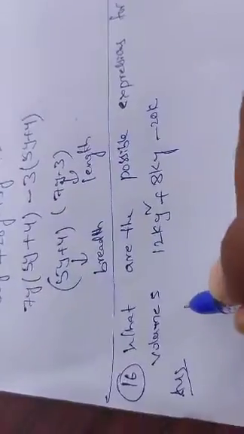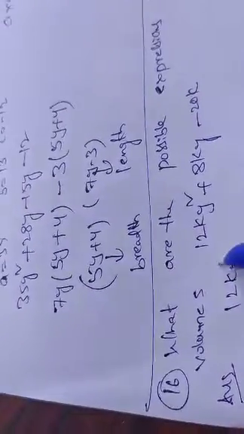So let us start the answer. 12ky square plus 8ky minus 20k.